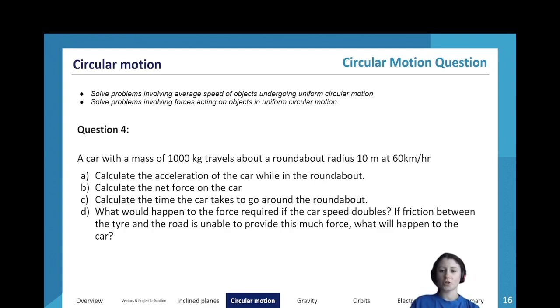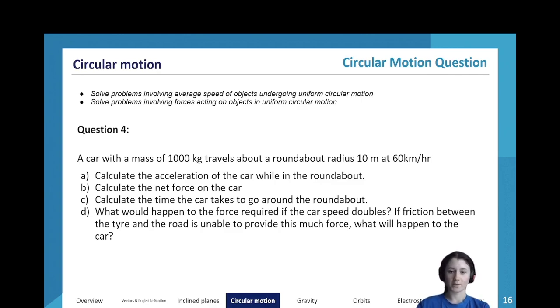So, I want you guys to pause the recording and have a quick go at this question. Even if you are not familiar with circular motion at all, I'd like you to have a quick go, at least, just so that you can practice using those formulas, and really try to understand what's going on.